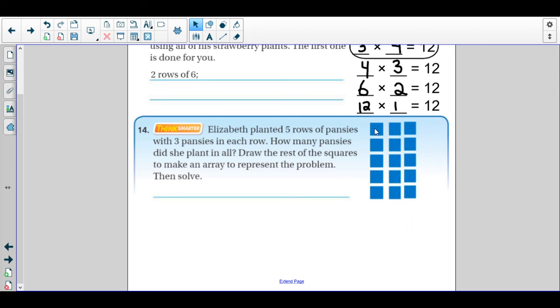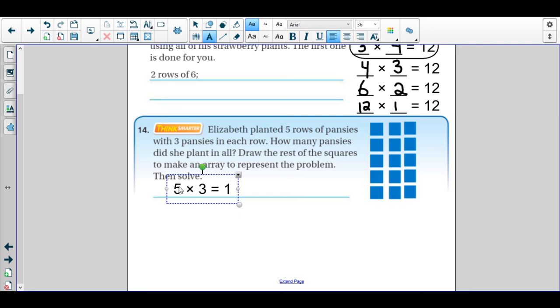So 5 rows, 1, 2, 3, 4, 5, 3 pansies in each row, 1, 2, 3 going across. Draw the rest of the squares, that's what we did, then solve. So we are 5 times 3 equals 15. All right, there you have it. You're now all on your way to becoming experts at arrays.